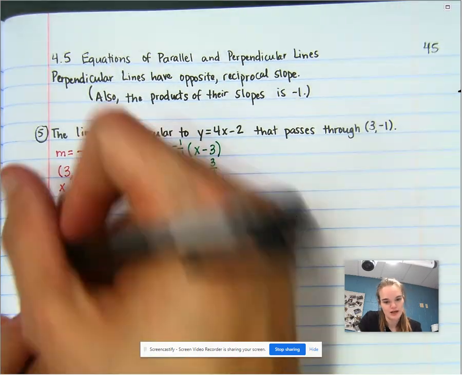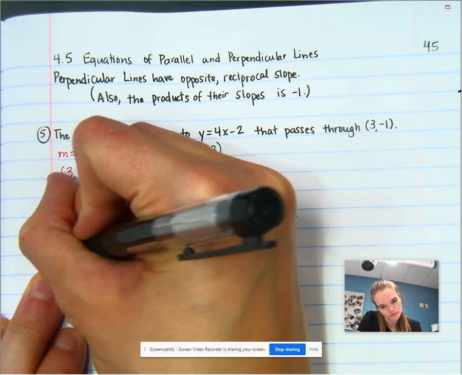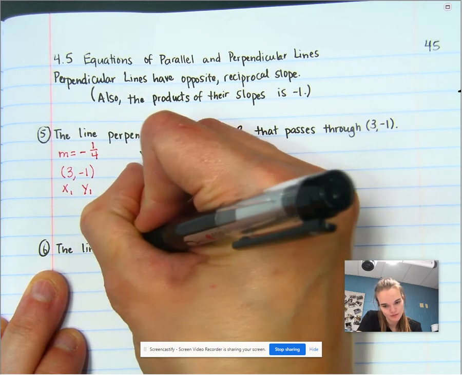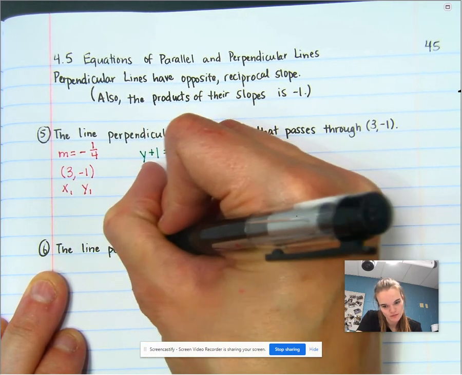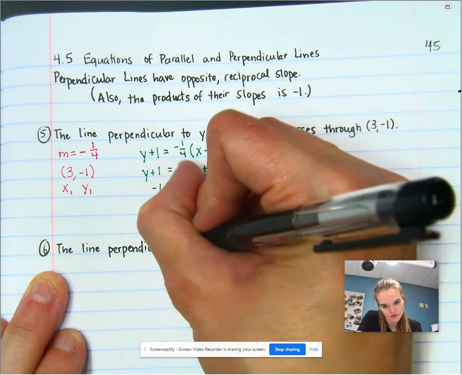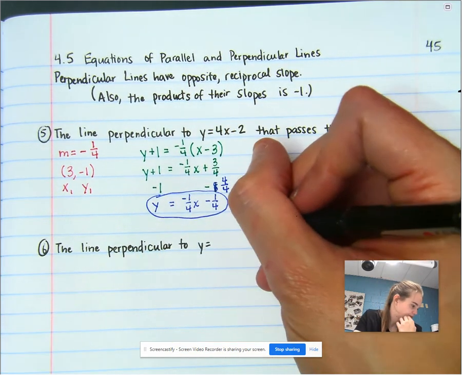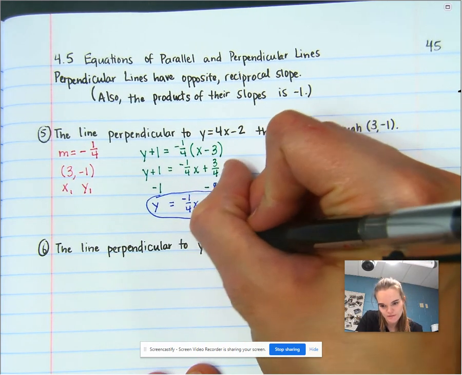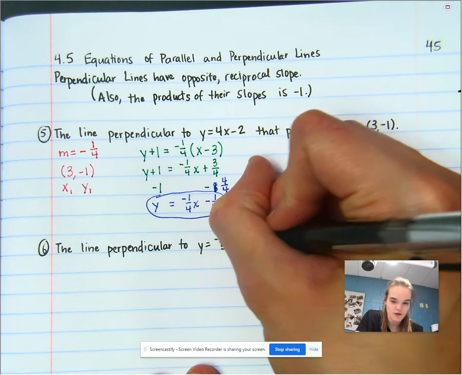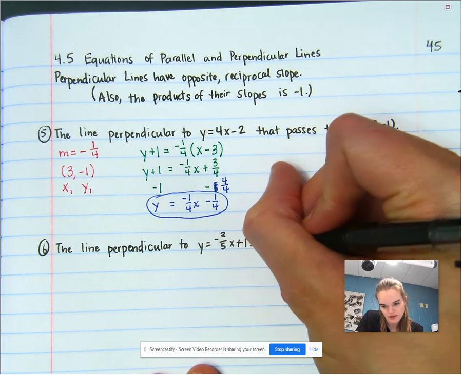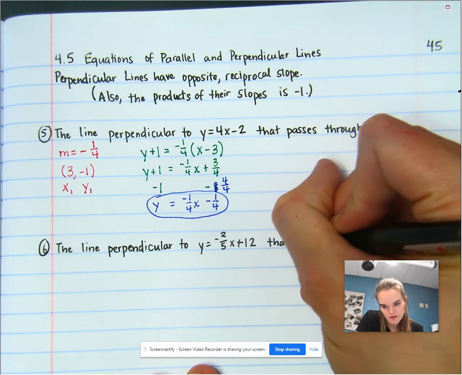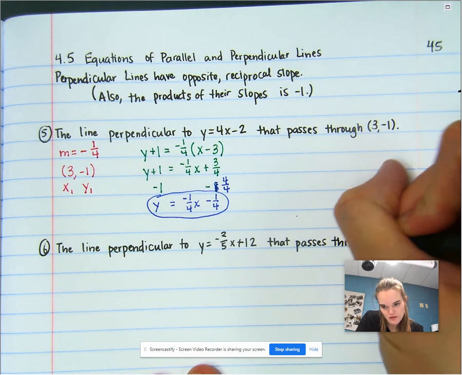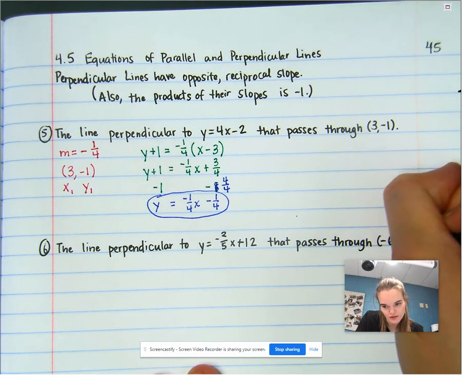The line perpendicular to y equals -2/5 x plus 12 that passes through -6, -8.